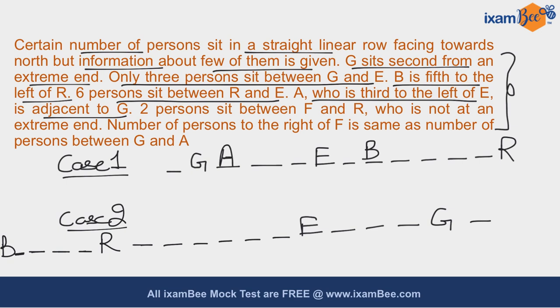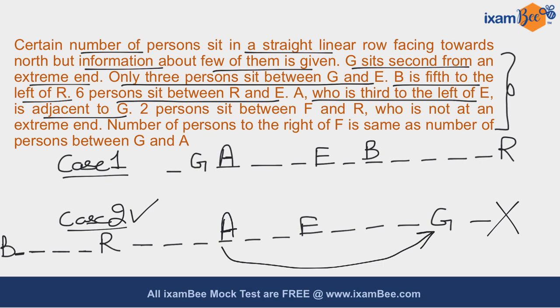But if you focus on your case number 2, your case number 2 gets eliminated because it does not fulfill your hint. According to the statement, you have to place A over here, which is third to the left of E, but it is not adjacent to G. So you have to eliminate this particular case.